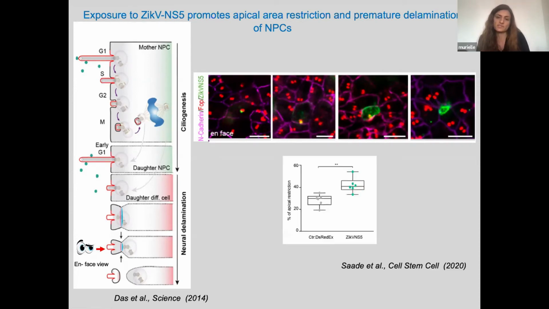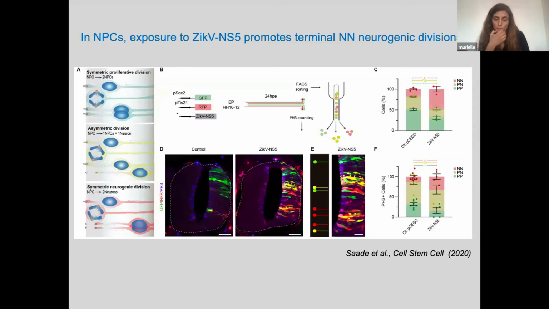So we went quantifying the percentage of apical restriction in embryos where we electroporated ZIKV NS5, and we can see this increase in percentage of apical restriction, which means that ZIKV NS5 not only induces ciliopathy, but also promotes apical area restriction and premature delamination of neural precursor cells. So what could be the output of affecting this set of cell fate determinants on the mode of division?